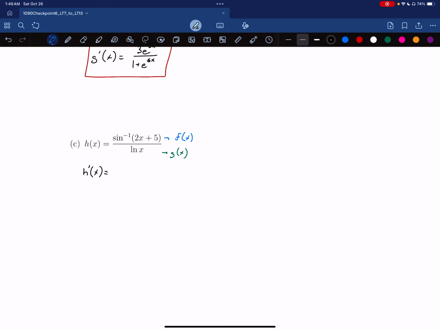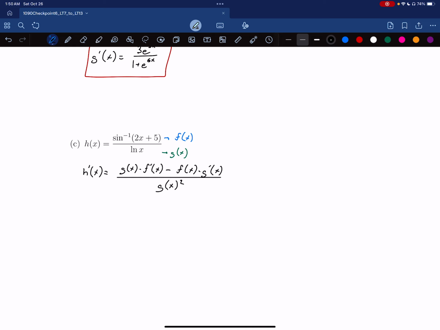In the sing-song way that I've talked about previously, we have low, so g of x, times the derivative of the high, f prime of x, minus the high function, f of x, times the derivative of the low function, over the low function squared.